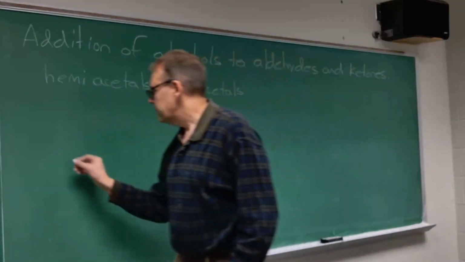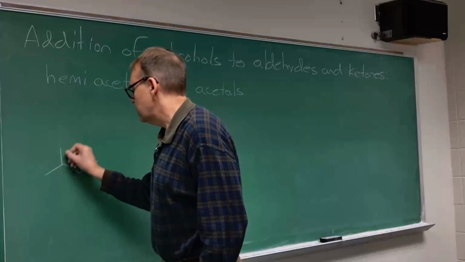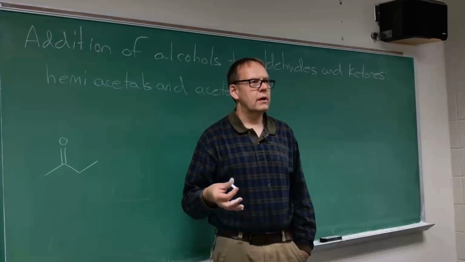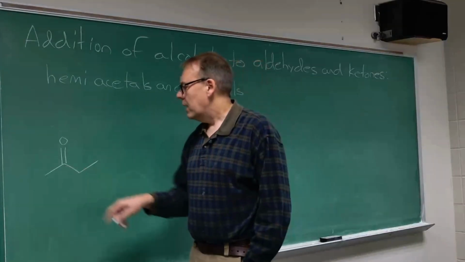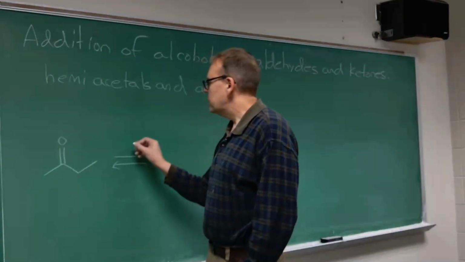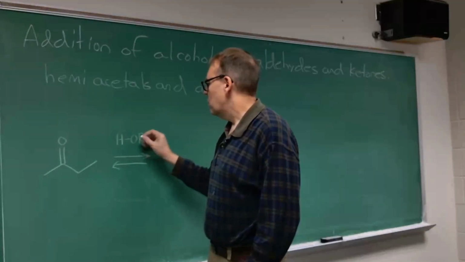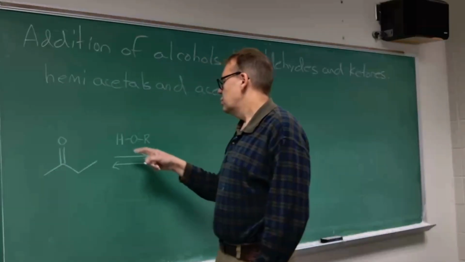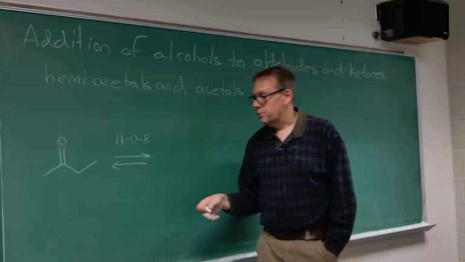If you have yourself an aldehyde or ketone, and I'll pick this one just because it's a nice generic ketone. You could use an aldehyde, you could use some different ketone, but some kind of aldehyde or ketone here. When you put this in with a molecule of an alcohol, and for the alcohol I'm going to use a generic one, OHR, just to represent that lots of different alcohols are potentially possible.